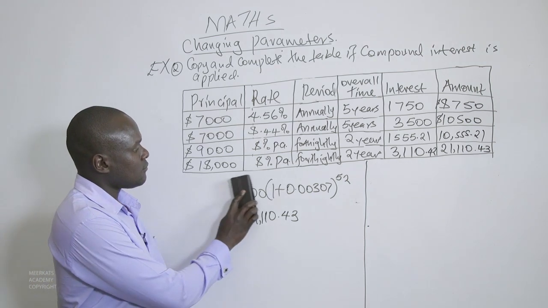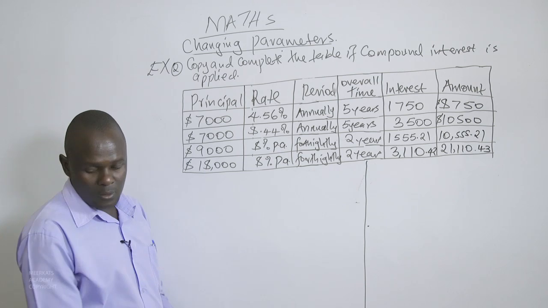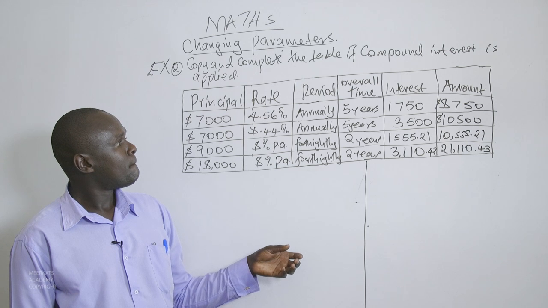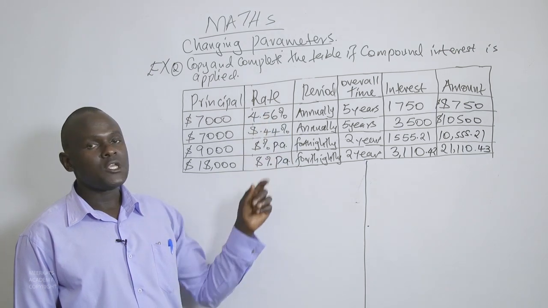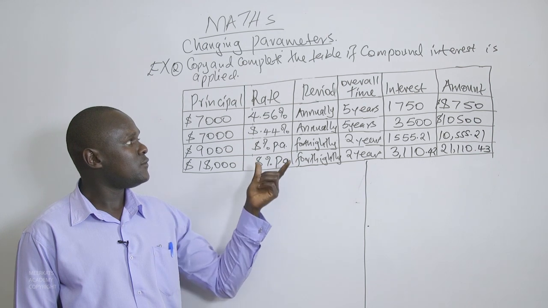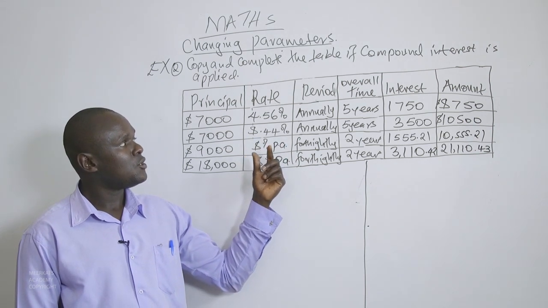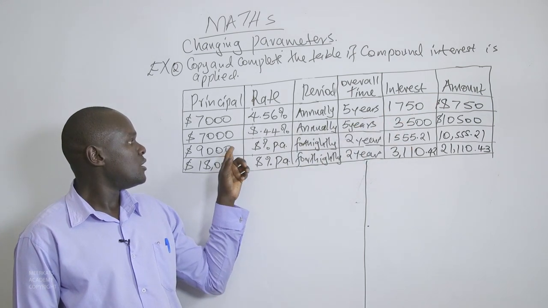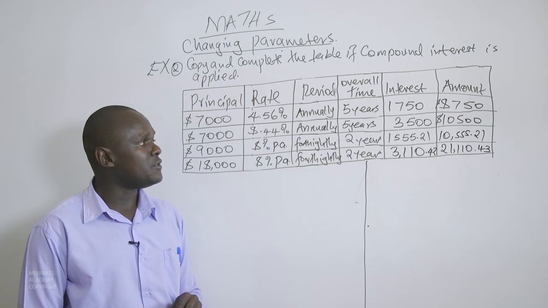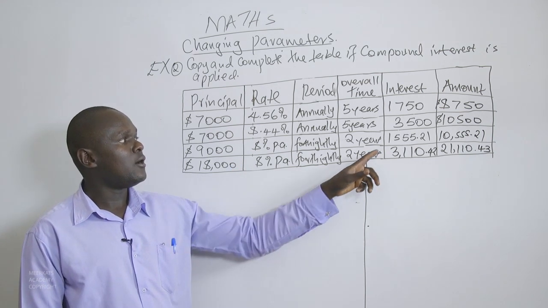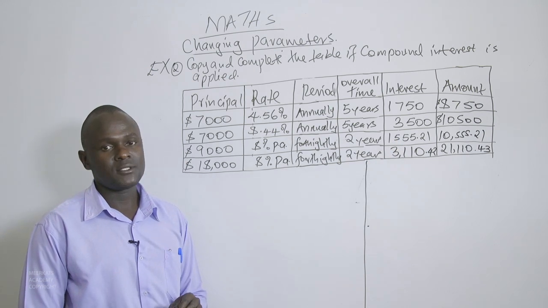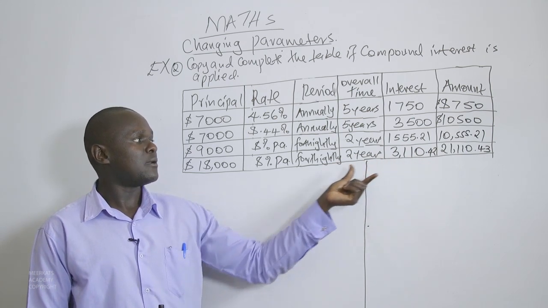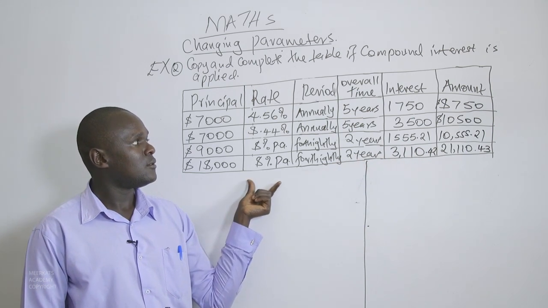And in summary, we can say that if you increase the rates, you are also increasing the interest. If you increase the principal amount to be invested or borrowed, you are also increasing the interest. These are the two important variables or parameters that we can compare from this.